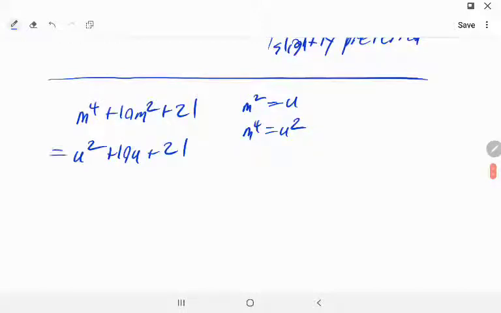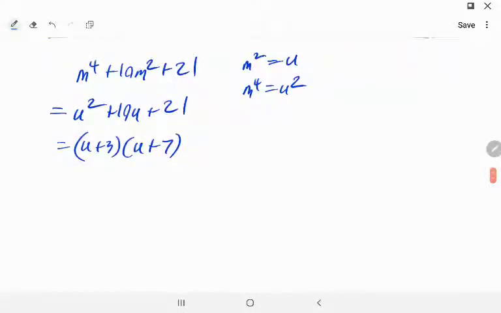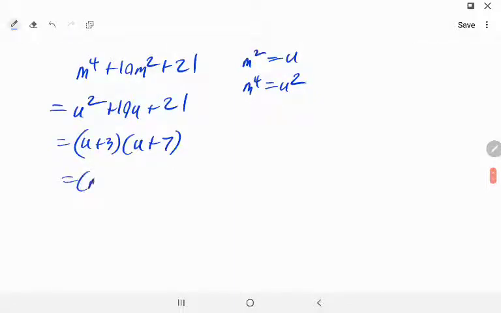That's then going to be u plus 3, u plus 7, because we know 3 times 7 is 21, 3 plus 7 is 10, and then we can replace that u with m squared. So occasionally we can take a polynomial that isn't a quadratic function, degree 2, and make it behave like a quadratic function.